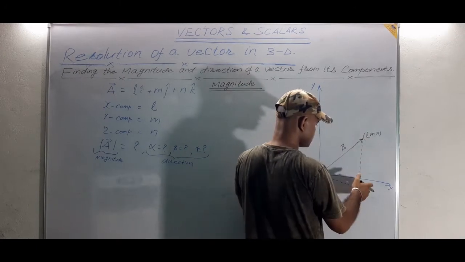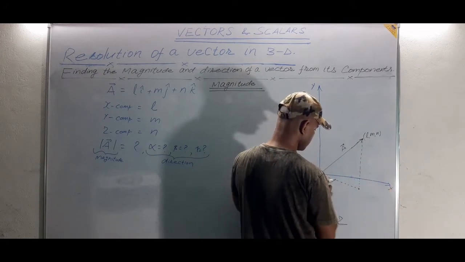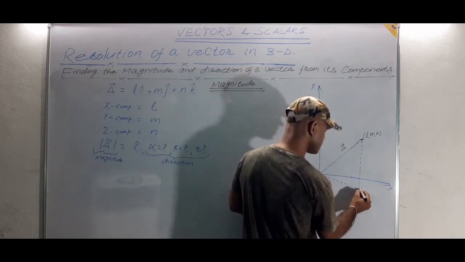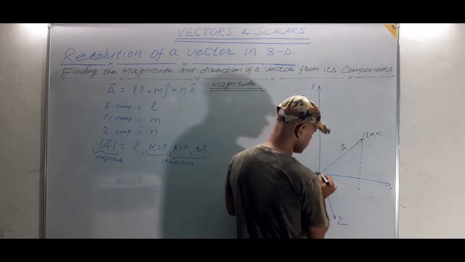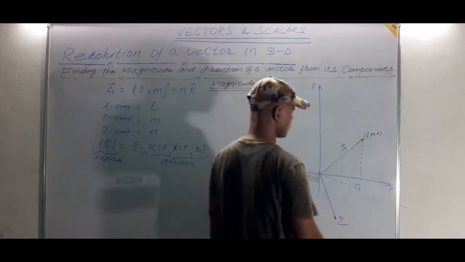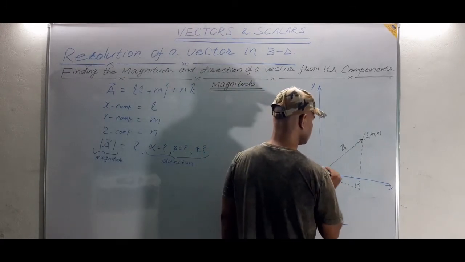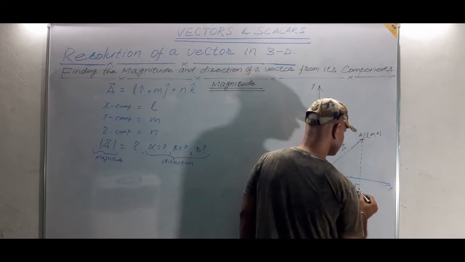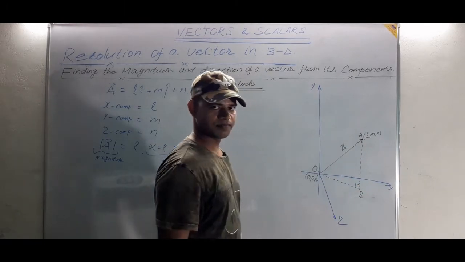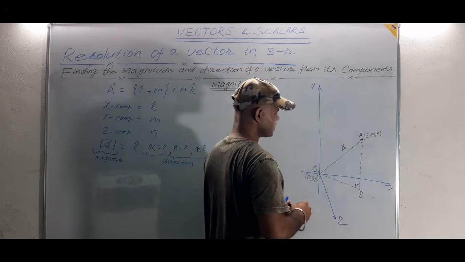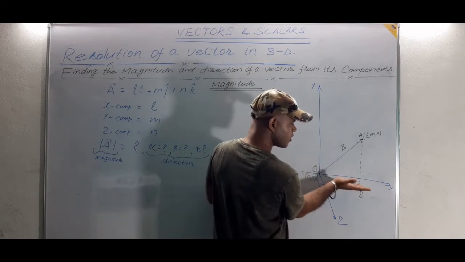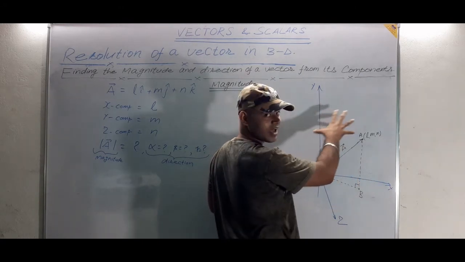So since this line is perpendicular to the xz plane and this line is in the xz plane itself, because this point lies in the xz plane, and I have simply joined this point with a line from the origin, this angle is 90 degree. Now let's name it. This is origin. Let's call this as A and this as B. So OAB is a right angle triangle, right? Now, since this line is perpendicular to the xz plane, perpendicular to the xz plane means it is parallel to y-axis.